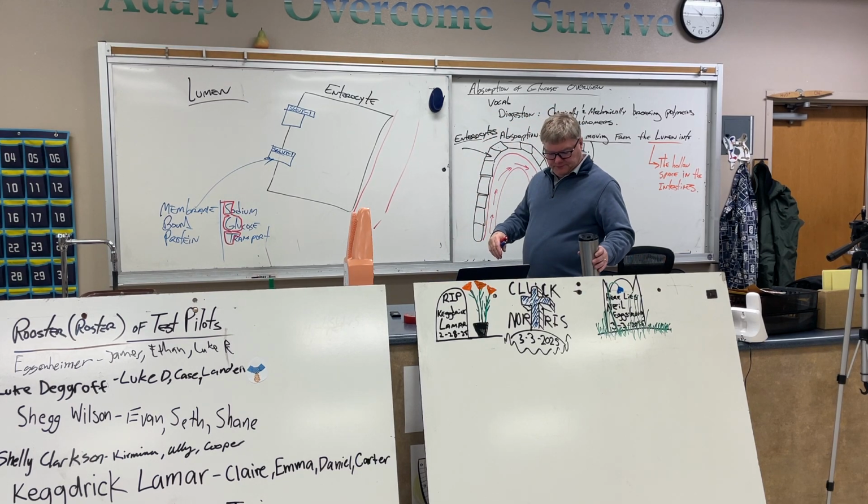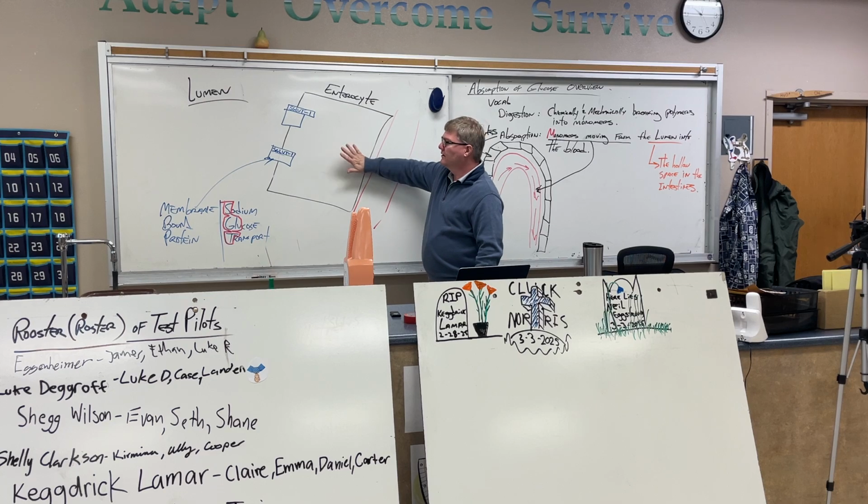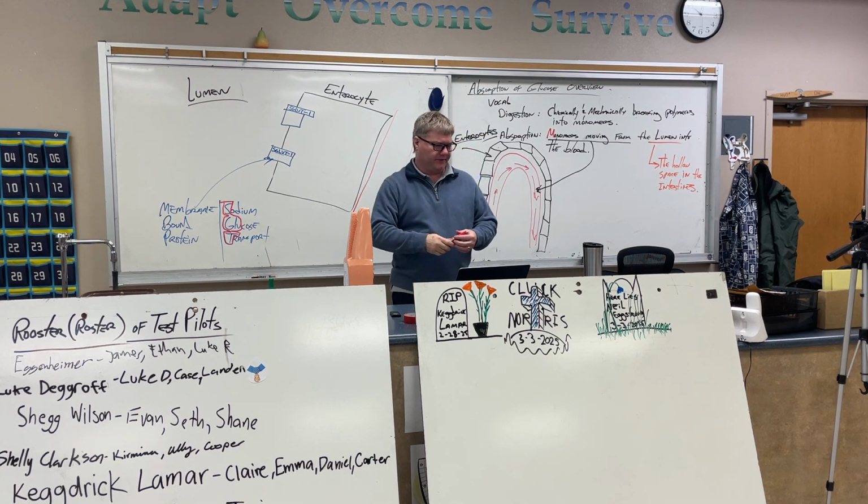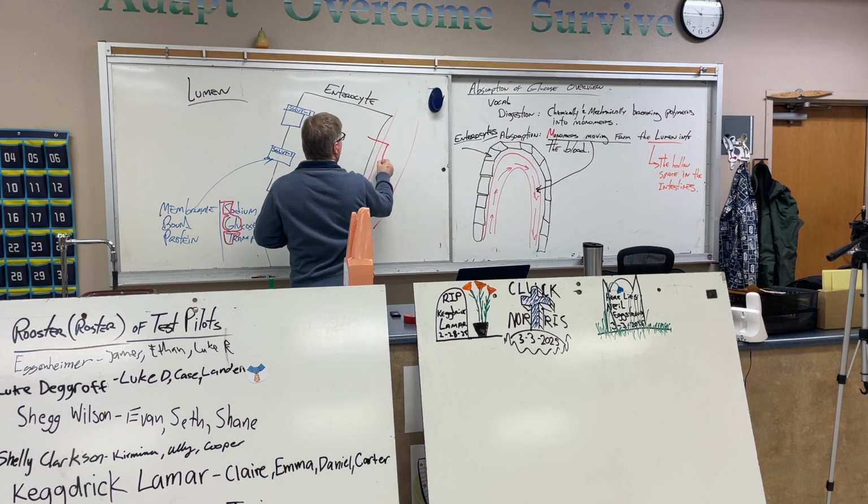Now, on the blood side of the enterocyte, what we have right here, we're going to put a couple of these. These are called just GLUTs. G-L-U-T.